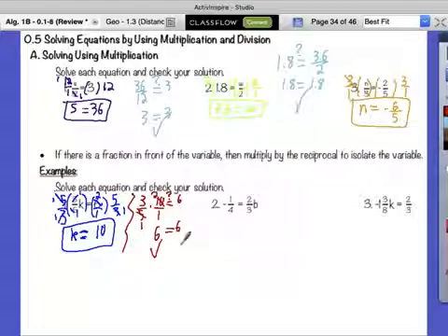Yeah. Hold on. Five would be reciprocal. Multiply by the same thing, so we can multiply by what? Oh, there you go.